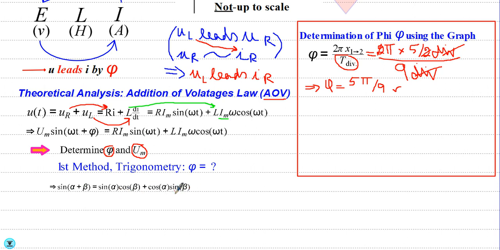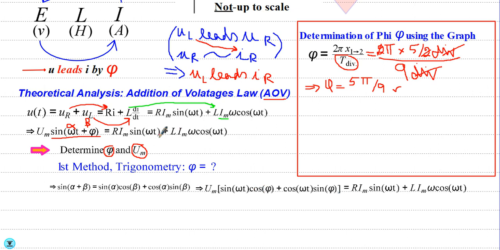So we are applying actually this equation here, sine omega t plus phi, this is alpha, and this is beta. So sine omega t cosine phi plus cosine omega t sine phi. We put it equal to this equation.